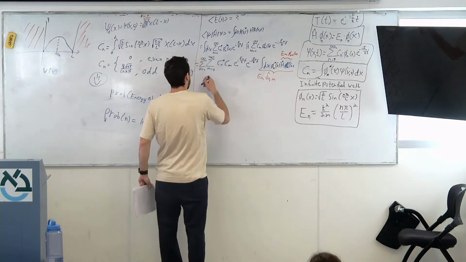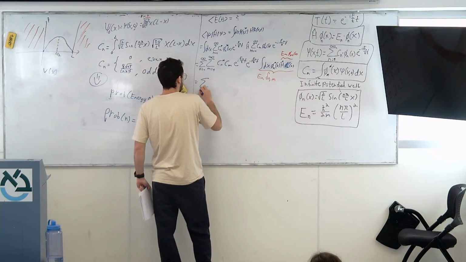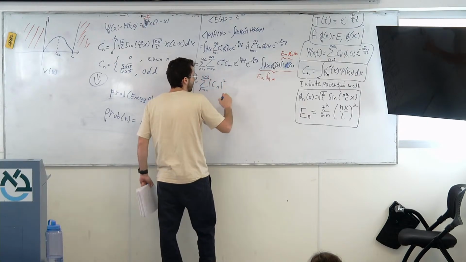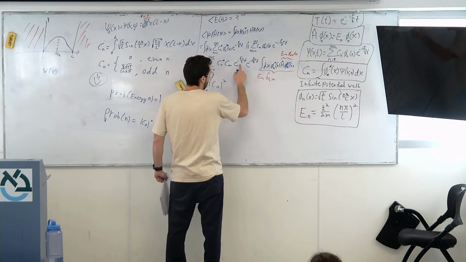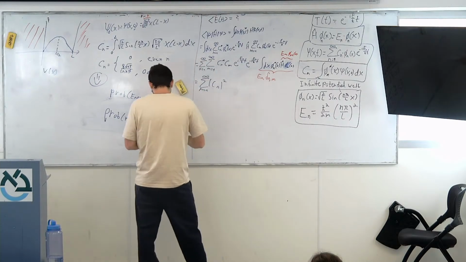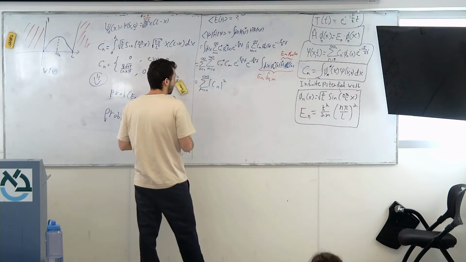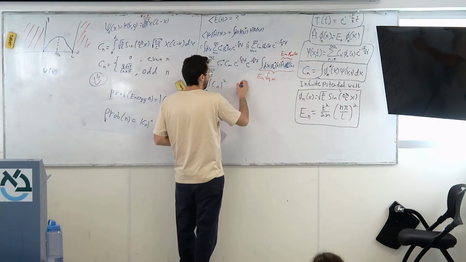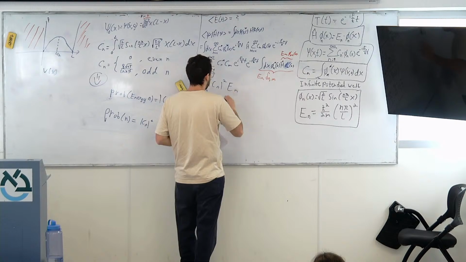So I can cancel one of the two summations and get a sum from n equals 1 to infinity Cn absolute value squared. These exponentials just cancel each other. So this is En, and we get the sum of Cn squared times En.